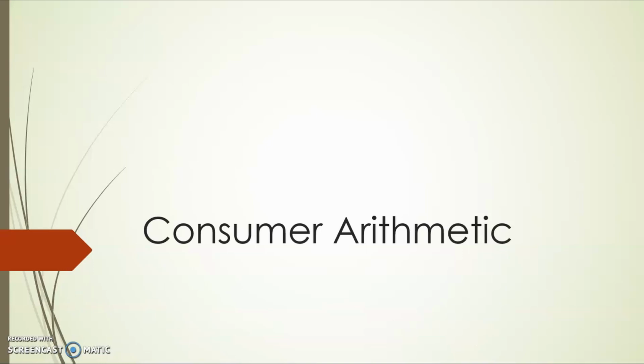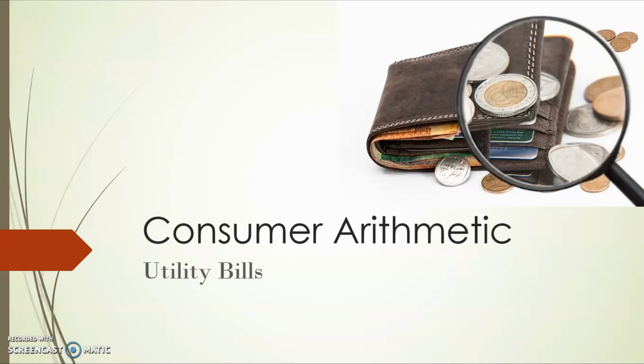In this session, we will be looking at consumer arithmetic, in particular utility bills. Now, all households use basic services provided either by private companies or by the government on a daily basis.